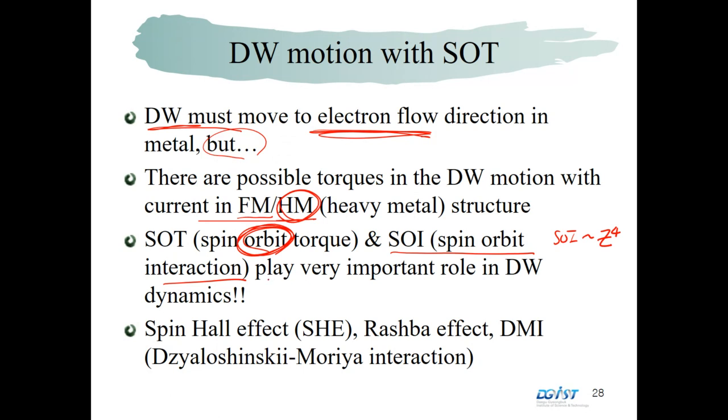They found this spin orbit torque can play a very important role in domain wall dynamics. There are many kinds of spin orbit torques. The most important are the spin Hall, the Rashba, and the DMI, short for the Dzyaloshinskii-Moriya interaction. These three terms are very important in modern spintronics. So I'm going to briefly explain the meaning of the spin Hall, the Rashba, and the DMI.